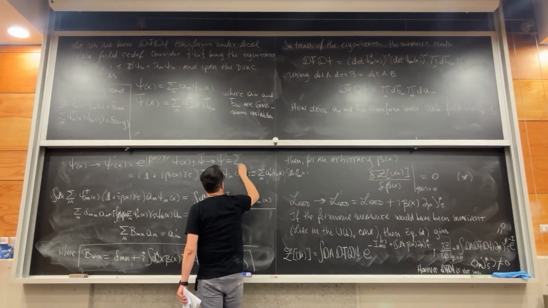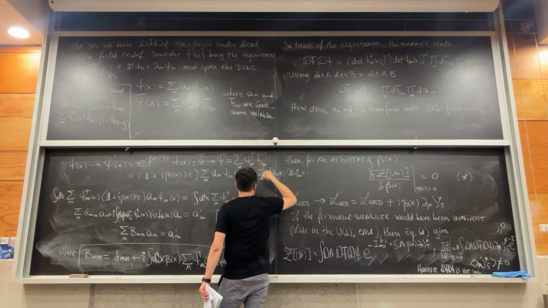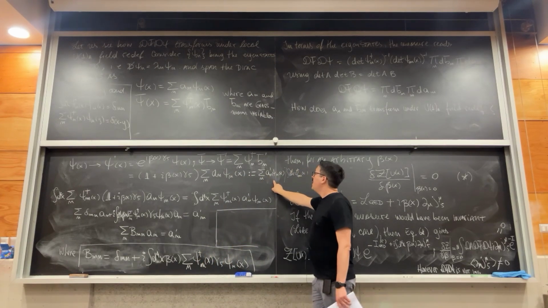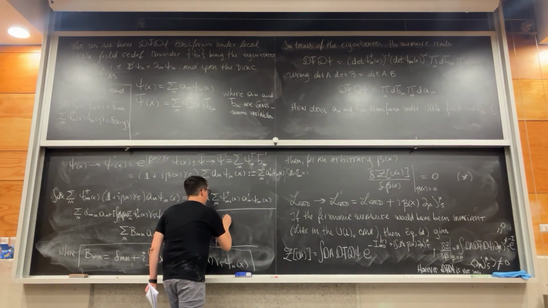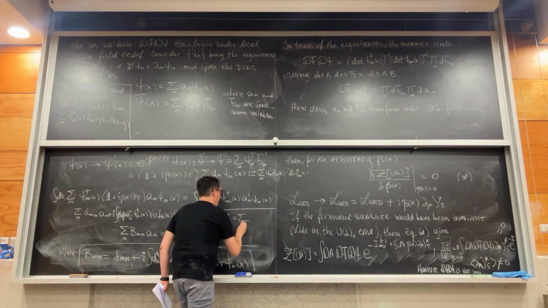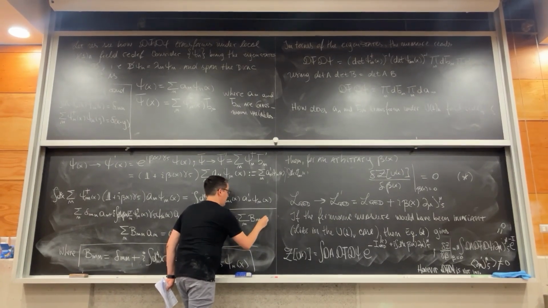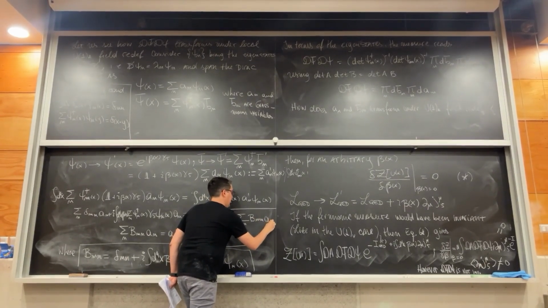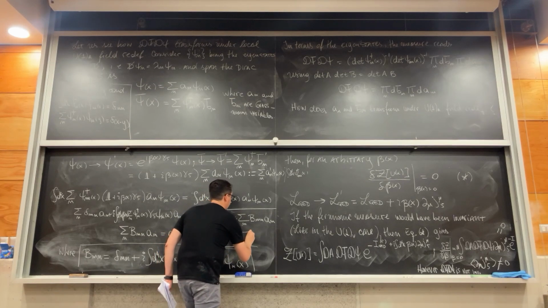It will be sum over n, psi dagger n, b bar n prime. Same here with the Dirac spinor and with the A, but now A n prime will be sum over m b m n a n, and for the b bar prime, same thing.